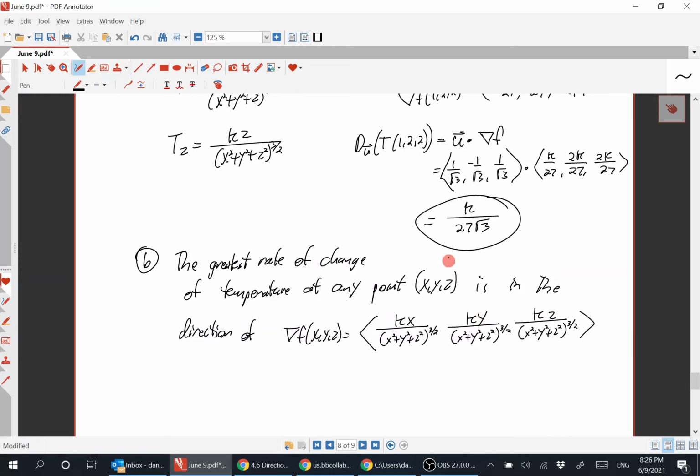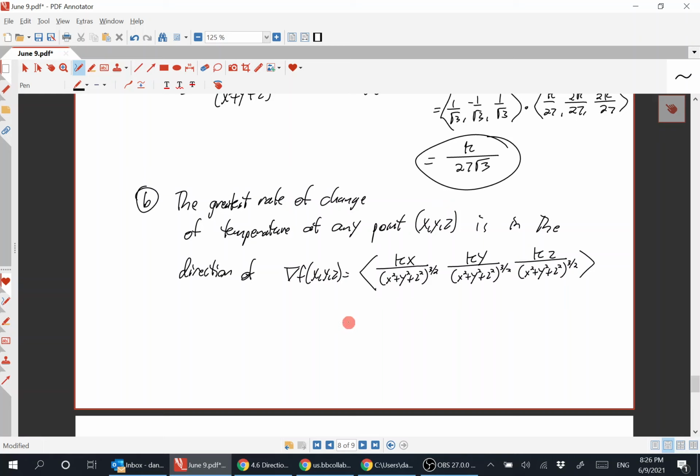Right, but all of these are just scalars times x, y, z. So it's k over this expression to the 3 halves power. So that's all just a scalar quantity times x, y, z.